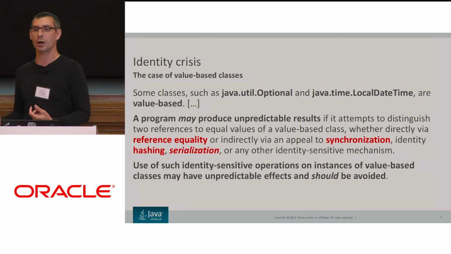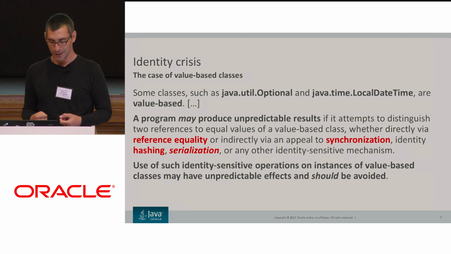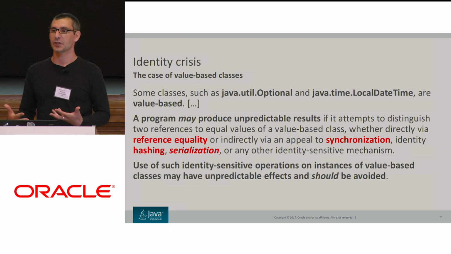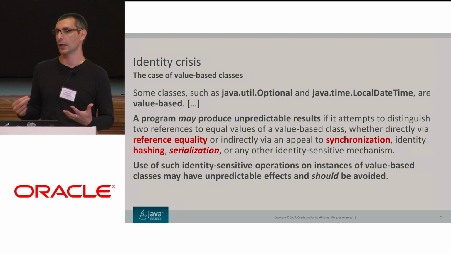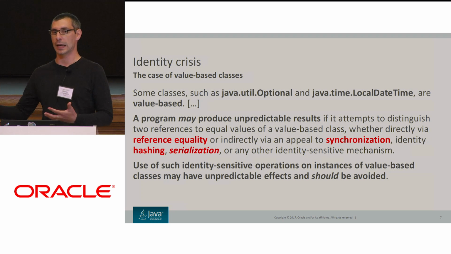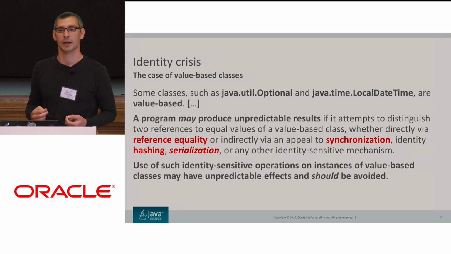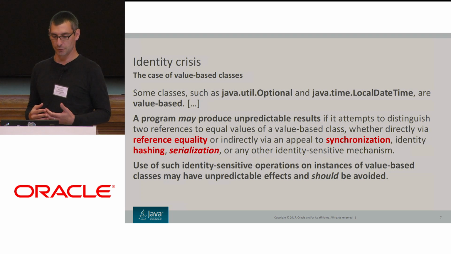You shouldn't lock or notify on such classes. You shouldn't rely on reference equality. And these restrictions are a way for us to say, well, maybe today they look like ordinary classes, but maybe tomorrow we can start handling them in a more efficient fashion.